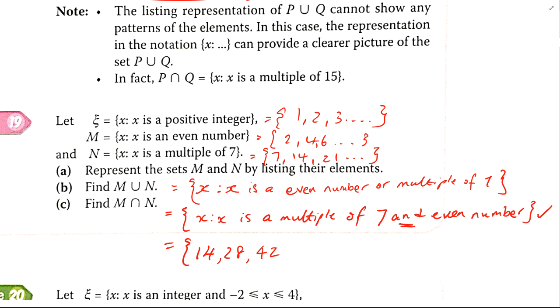Times? No. What do you do from here to here? Plus 14. Aren't these all multiples of 14 then? And we got it because they are multiples of 2 and multiples of 7 at the same time. Therefore, these are multiples of 14. X, where X is a multiple of 14.